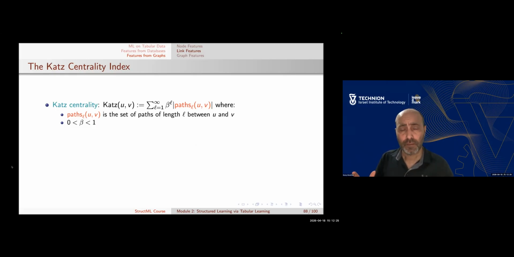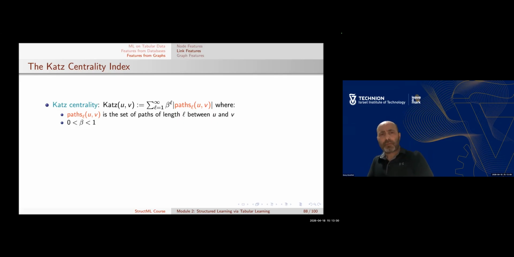We basically sum up over all the lengths of paths, the number of paths of length L between U and V, and each of these numbers is multiplied by a coefficient that has an exponential decay, beta to the power of L, where L is the size of the path.